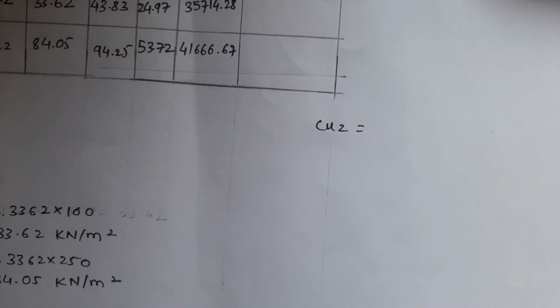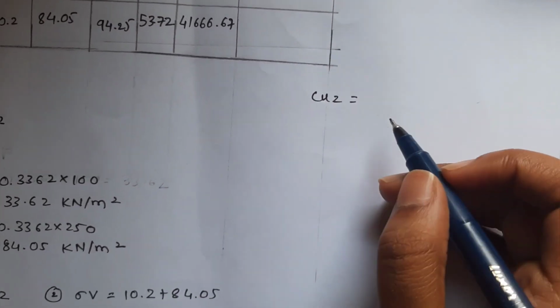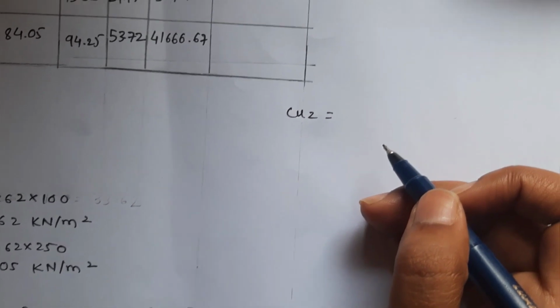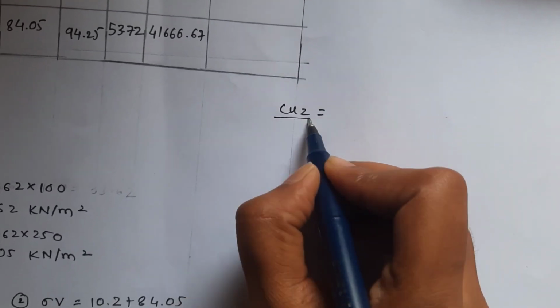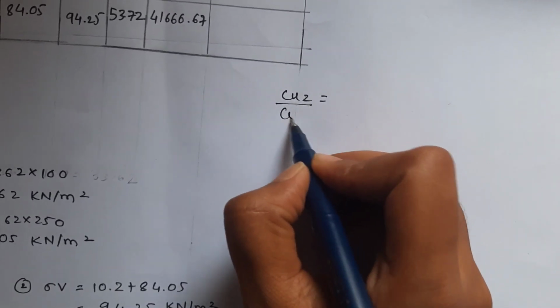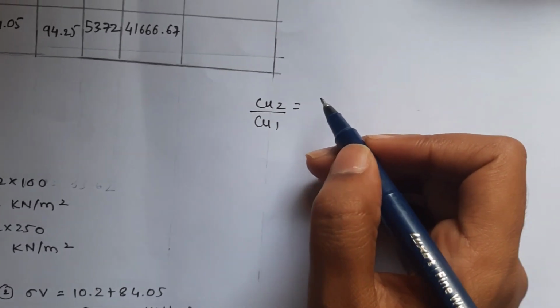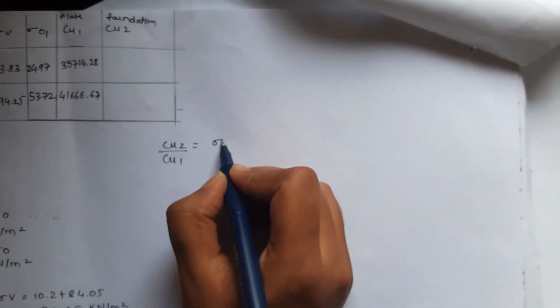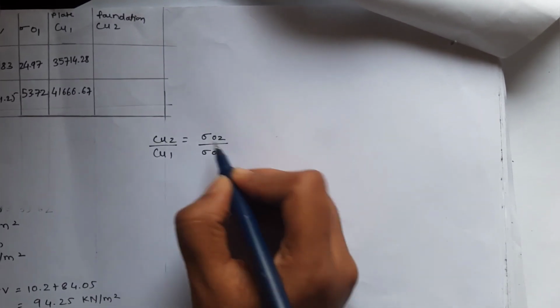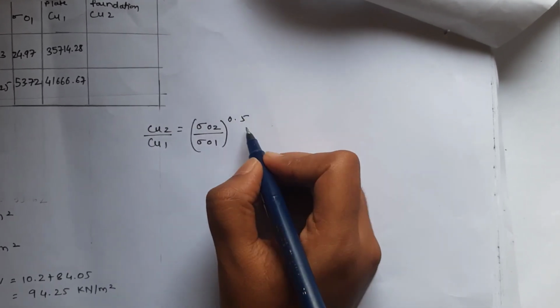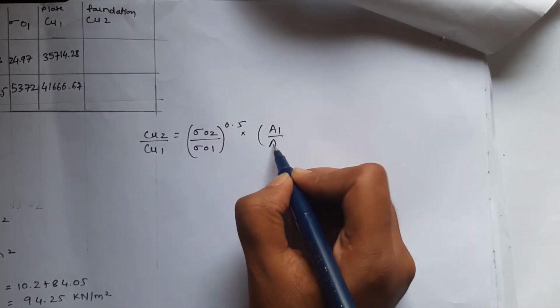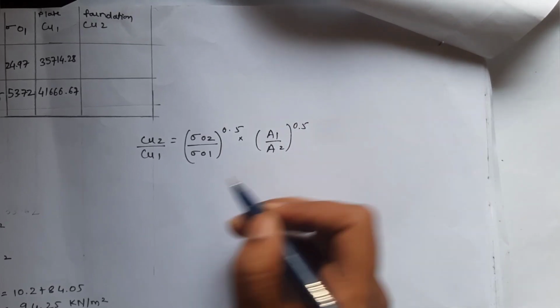4166.67. To find out the elastic uniform compression for foundation, the formula is Cu2 by Cu1, which is equals to sigma naught 2 by sigma naught 1 to the power 0.5 into A1 by A2 to the power 0.5.